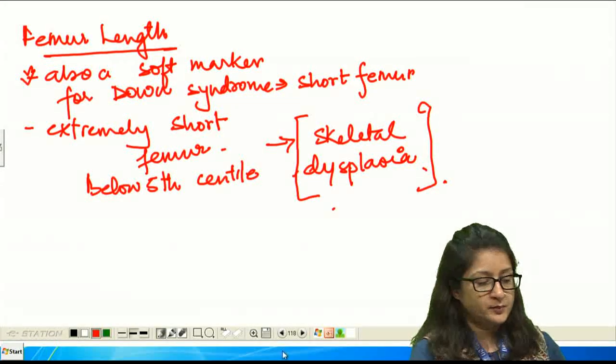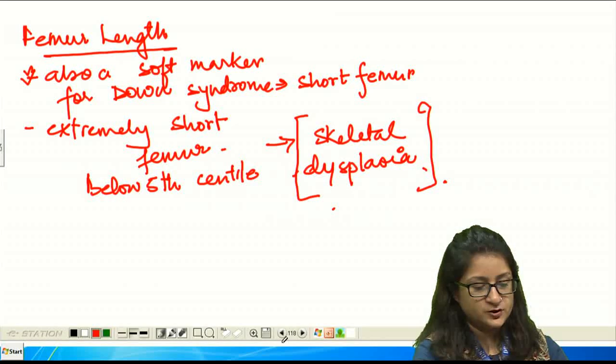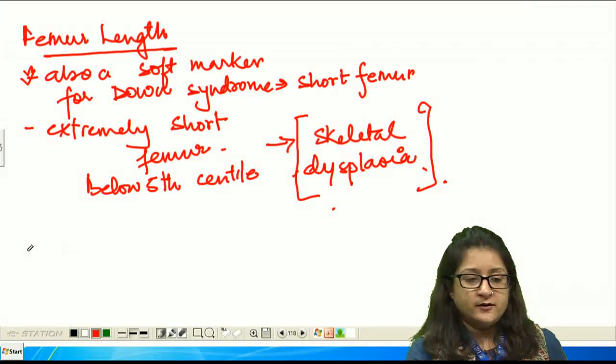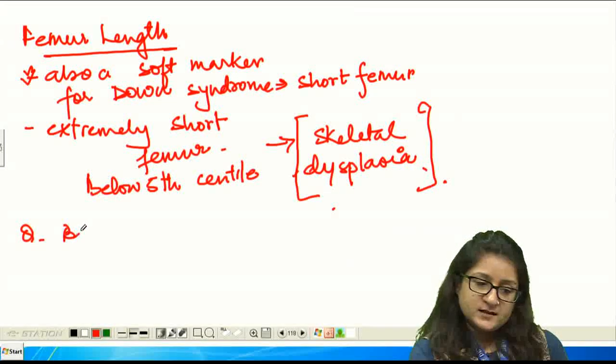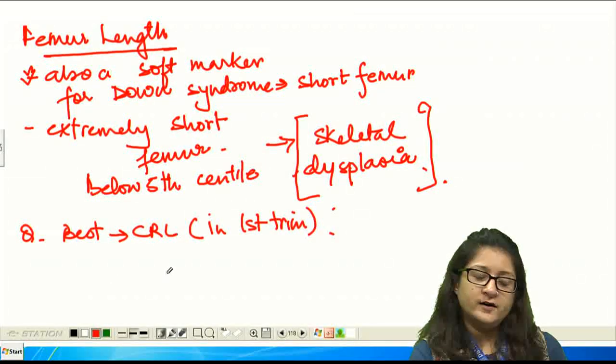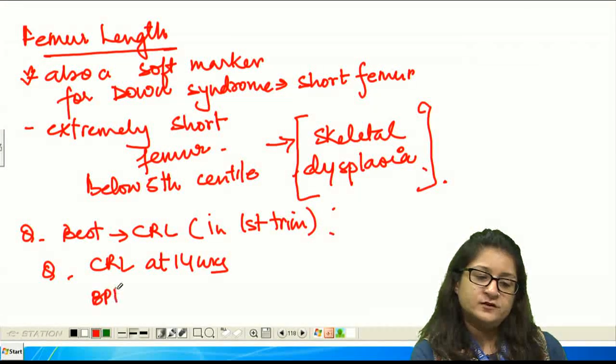So these are the important points about ultrasound estimation of gestational age. For ultrasound estimation of gestational age, the best parameter is CRL, especially if done in the first trimester. For example, if I have to choose between CRL at 14 weeks and BPD at 14 weeks, which is better?